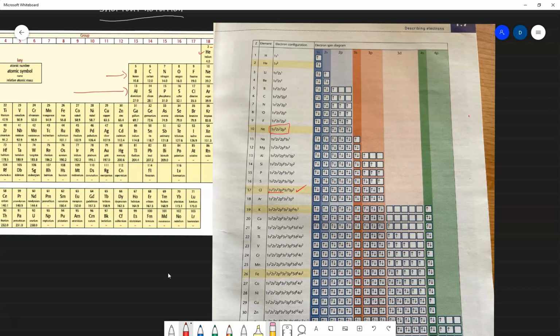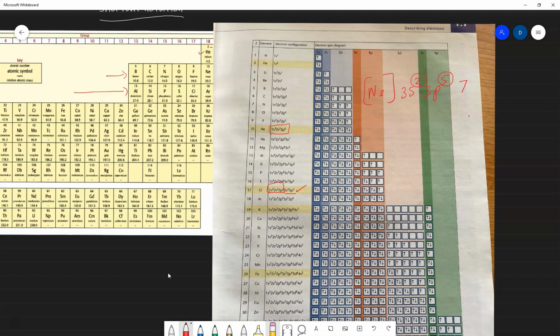This bit matches here, so I can use neon as a base, put a square bracket, and then all the extra bits for chlorine. Chlorine has got 7 more electrons than neon. If you see the 3s2 and 3p5, a simple question: how many more electrons does chlorine have compared to neon? The number of electrons is what you see on the top. So chlorine has got 7 more electrons compared to neon.